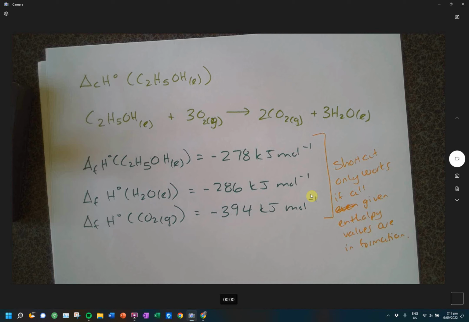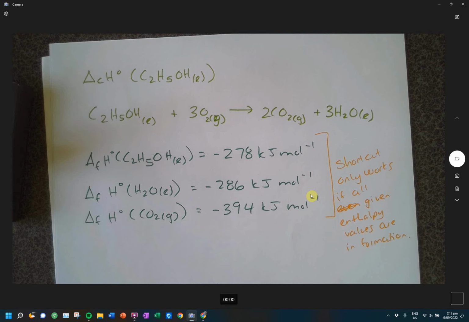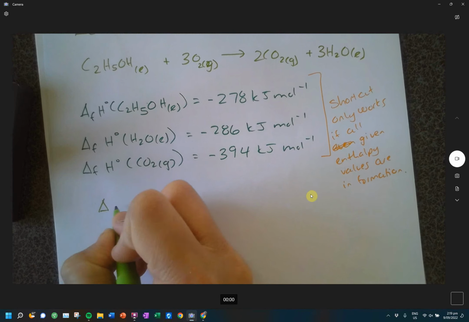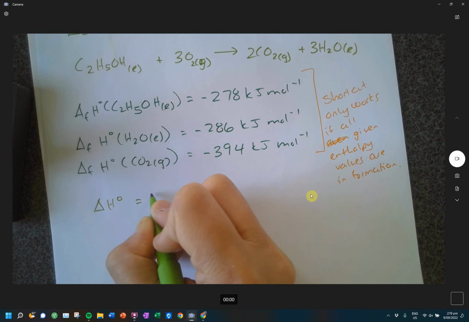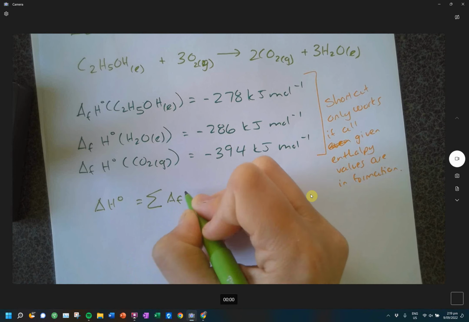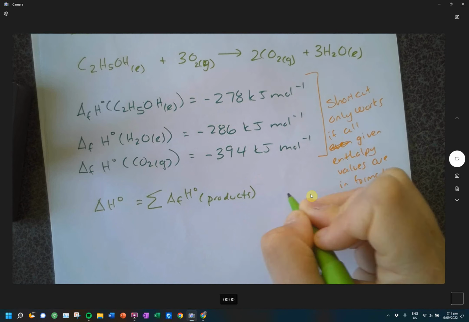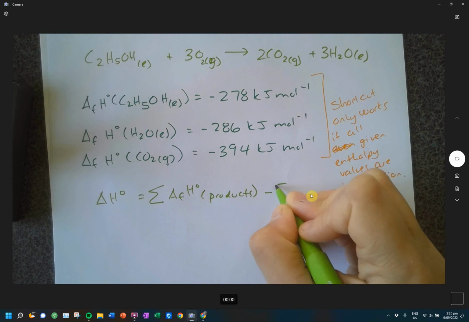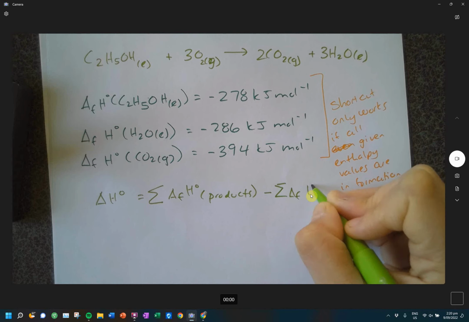So the way it works is that we can figure out this equation up here if we take the enthalpy values of all of the products and we subtract away all of the enthalpy values from the reactants.